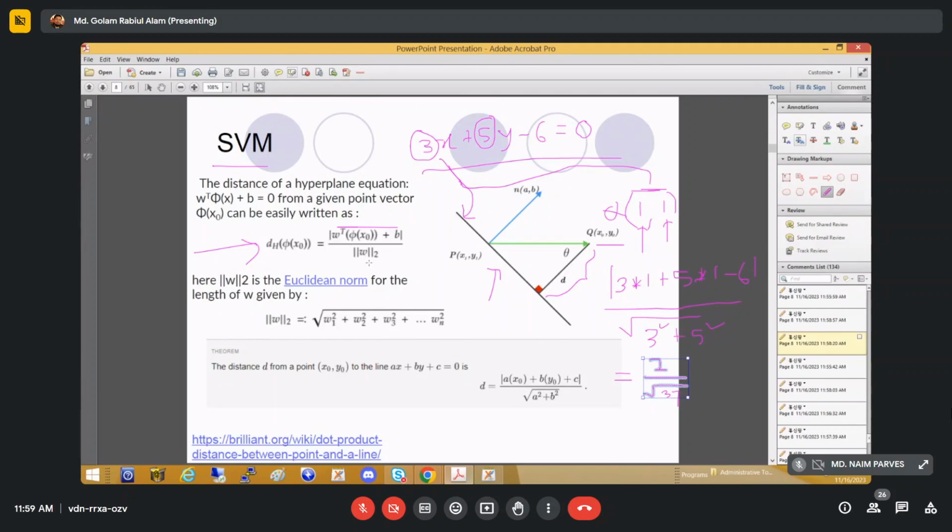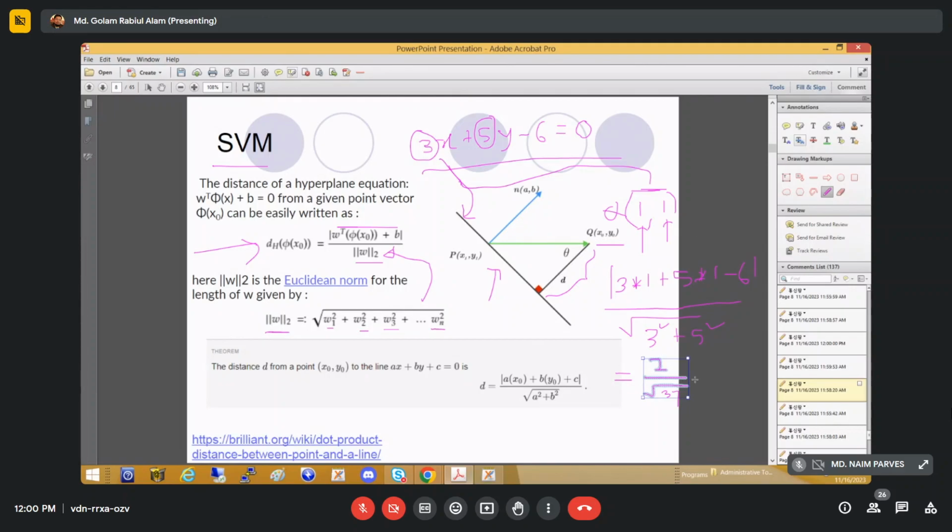In our case, it is the norm of W, which is our Euclidean norm: W1 squared plus W2 squared, W3 squared, up to Wn squared. So we can find the distance from any point to the hyperplane.